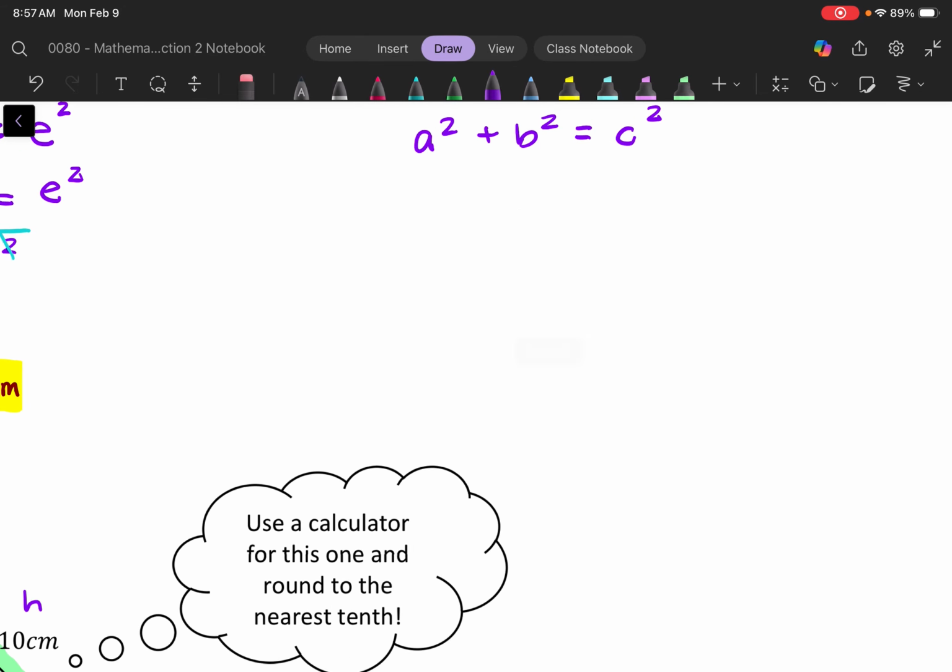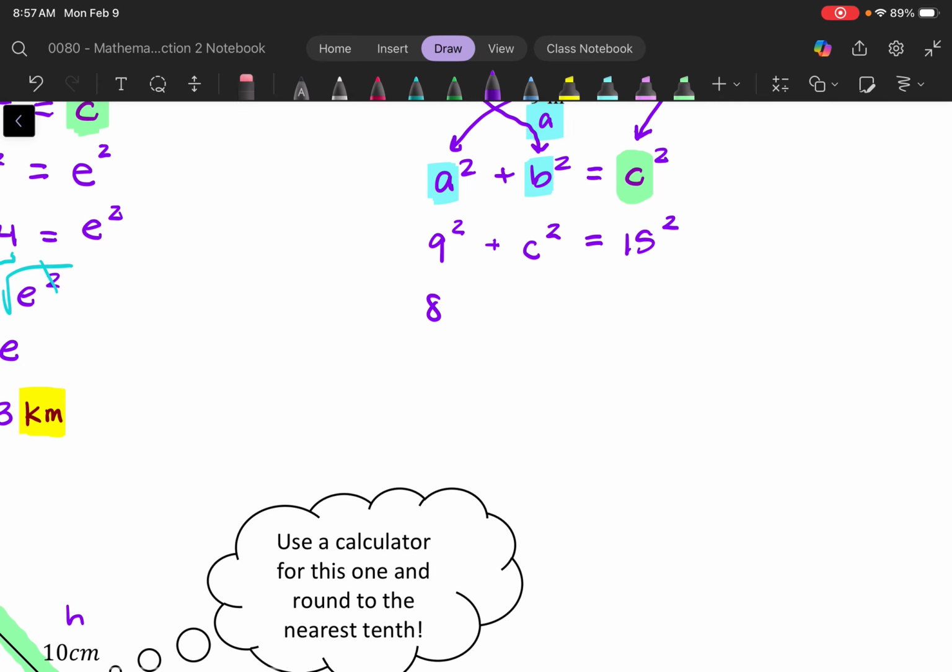Okay, now I can do the math. 9 squared is 81. C squared is still C squared. 15 squared is 225. And I want to get C alone. When I do reverse BEDMAS, I have to get rid of addition first. So I'm going to subtract 81 from both sides. And I get C squared is equal to 144.